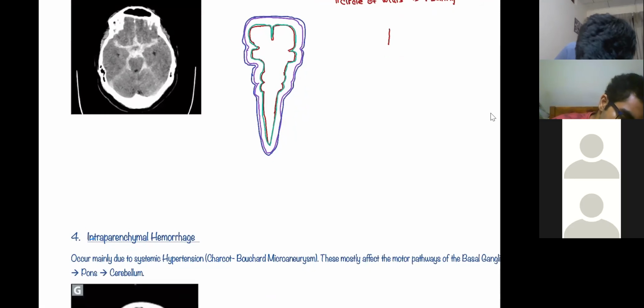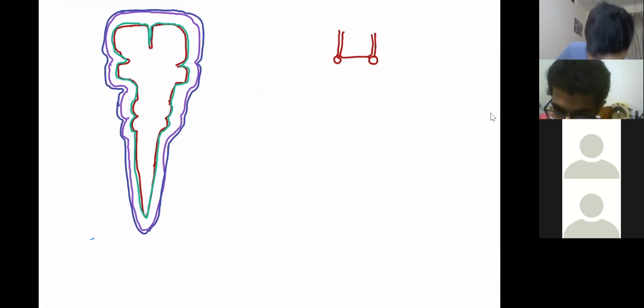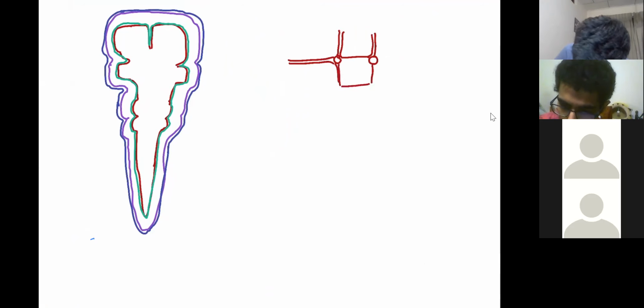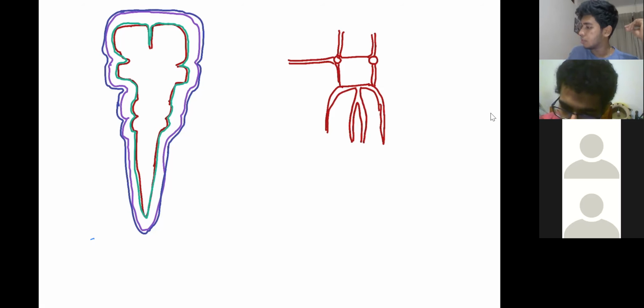So I'm drawing the circle of Willis again. This is the circle of Willis, very ugly image.